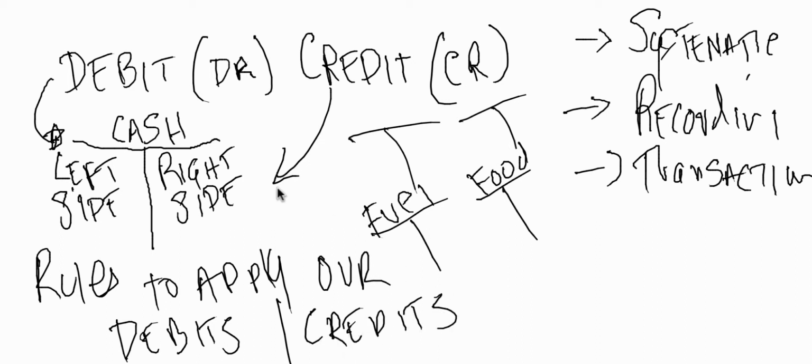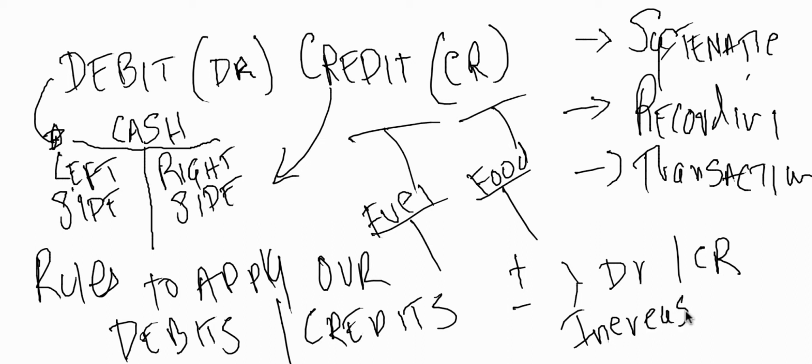Because, look, instead of thinking about, say, a plus and a minus in relation to the debits and credits, think of it as an increase or a decrease to a particular account. Okay, so let's go over this again.